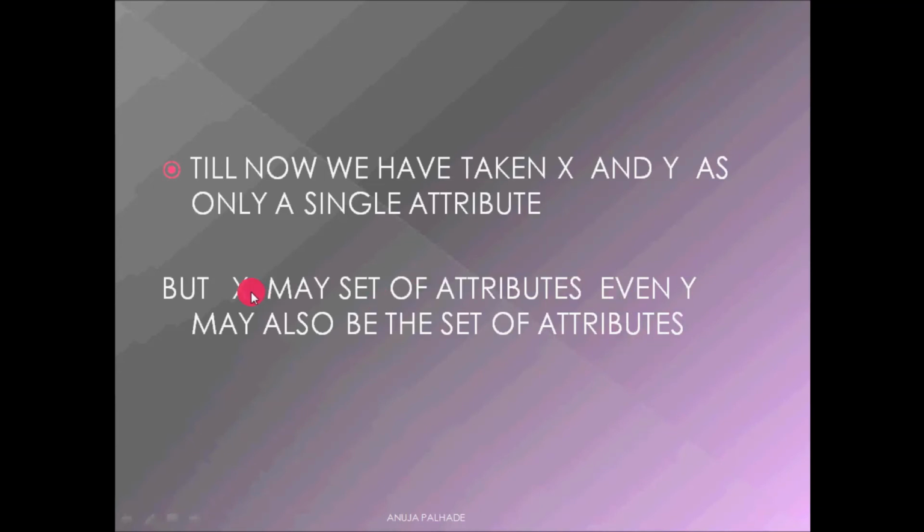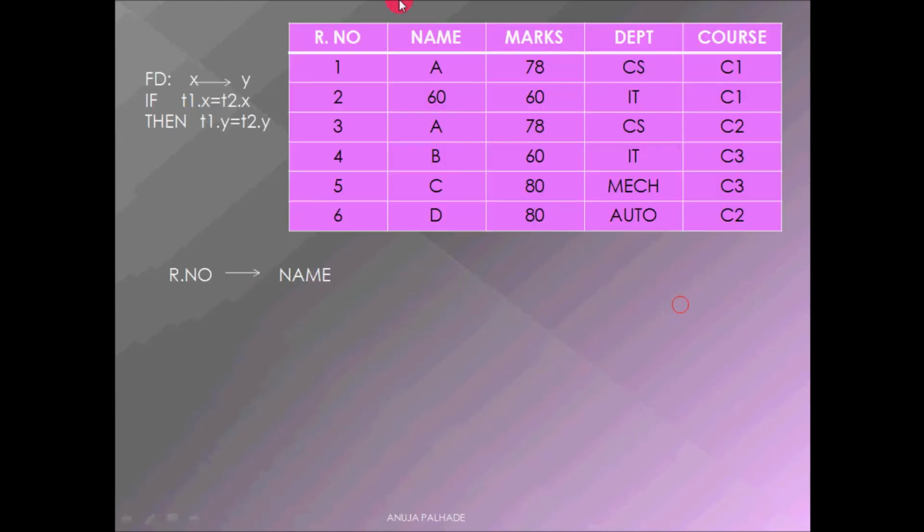Roll number, name, course, department may be under x, and class, course, duration, date may be under y. So let us understand how x will be a set of attributes in this case. I have taken this relation and filled in the values in that previous relation.